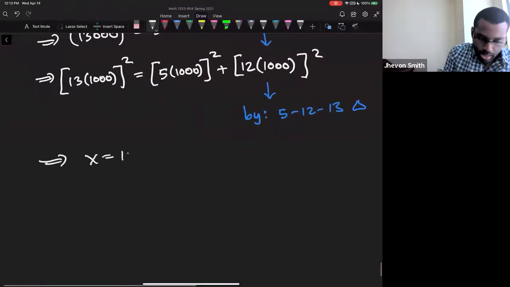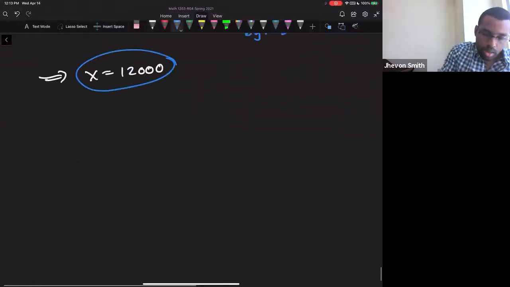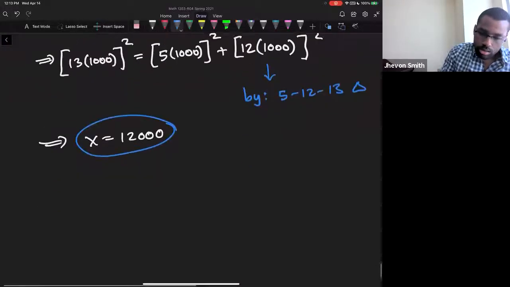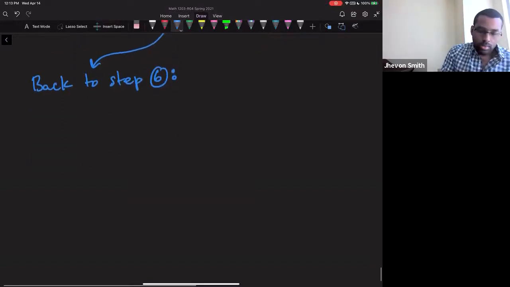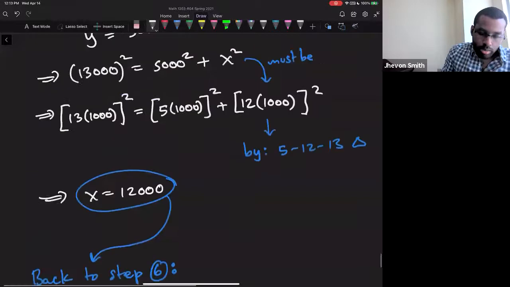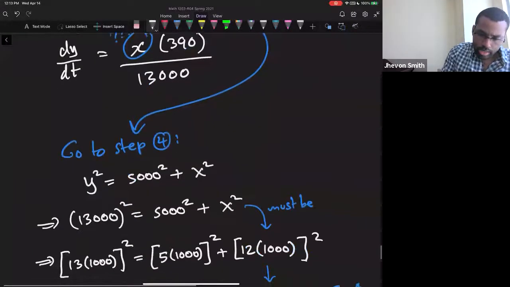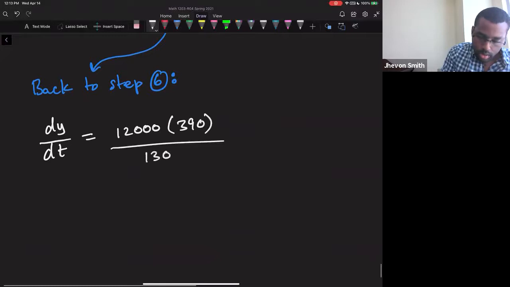So this means that our x is actually 12,000. With that, we can go back to step 6. So we had that our dy/dt is going to be equal to x, which is 12,000, times 390 over 13,000.